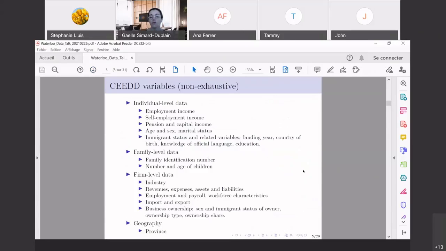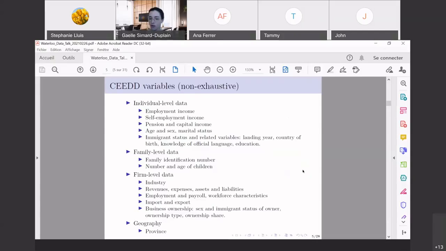Just to give you a taster, this is a very non-exhaustive list of variables on SEED. As I said, there's individual level data, so all sorts of income sources are documented: employment income, self-employment income, pension and capital income, and a few demographics like age and sex. We also have marital status, which is not always a given.